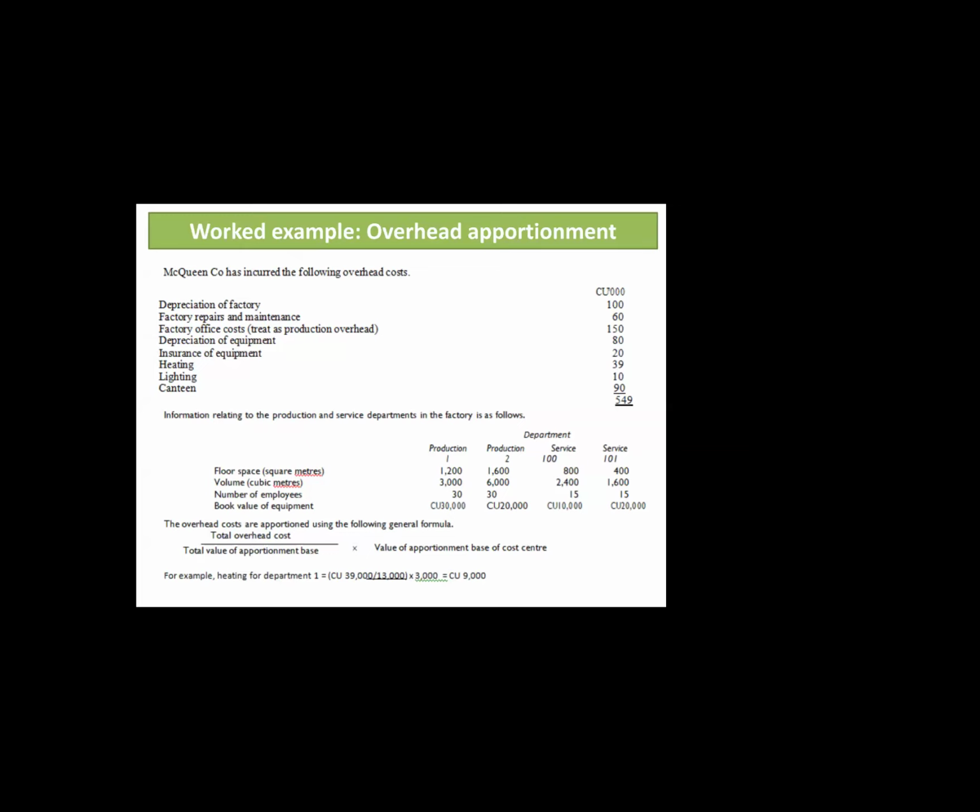So per square meter 25, right? Yes, sir. So production 1 will get 30,000.